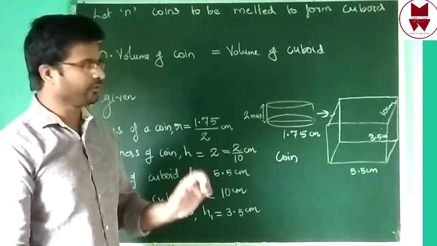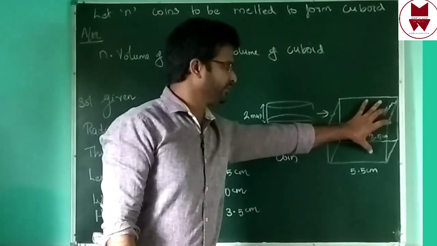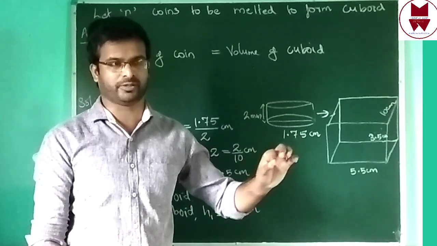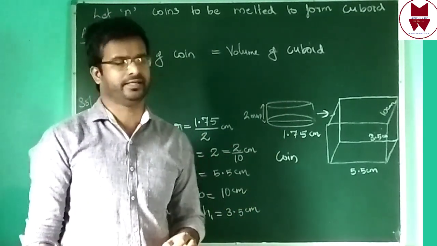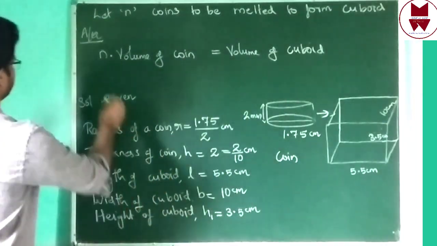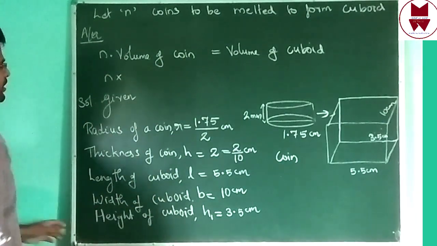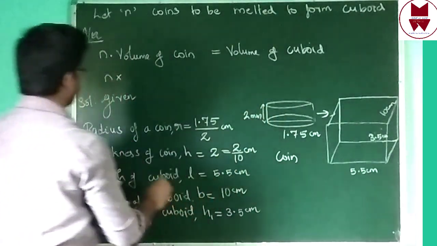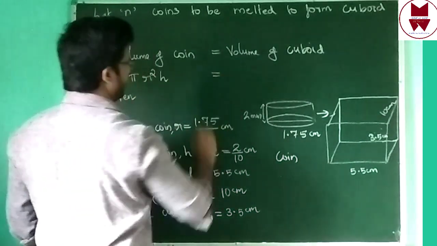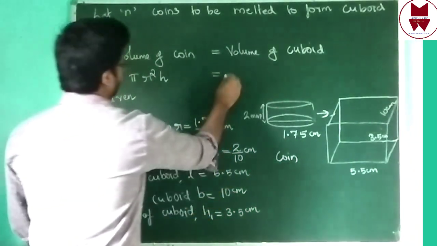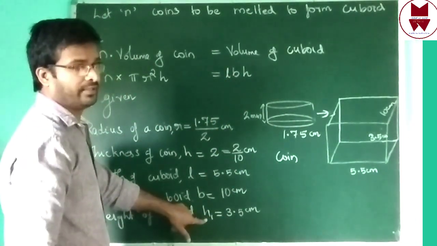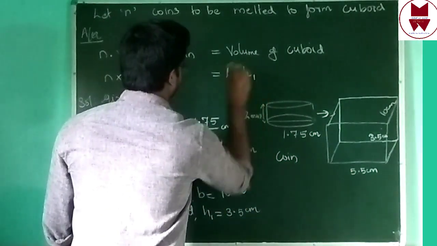If we use n coins, after melting we will make this cuboid, isn't it? That means the volume of n coins and the volume of the cuboid will be equal, because we are using the same material. Then n into volume of coin equal to volume of cuboid. Coin means cylindrical shape, so pi r square h. Then volume of cuboid is LBH, but don't write H, write H1, the height of the cuboid.